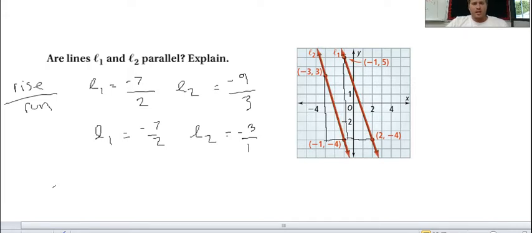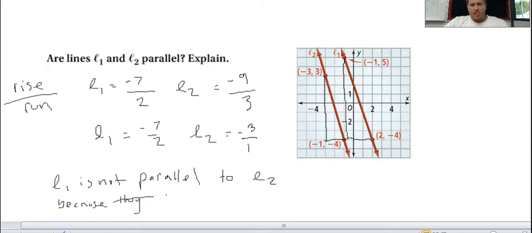So I would say line 1 is not parallel to line 2 because they have different slopes. In order to be parallel, they have to have the same slope. These ones don't, which means that they will eventually cross. Okay?